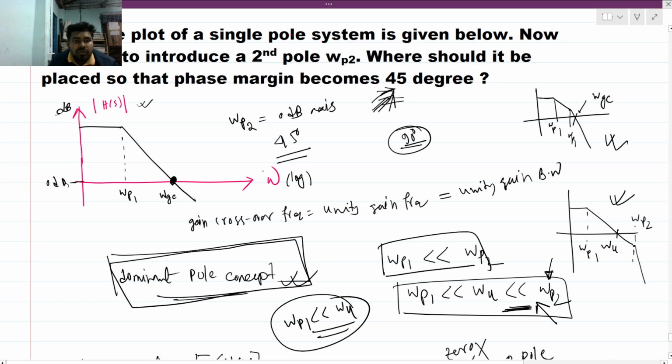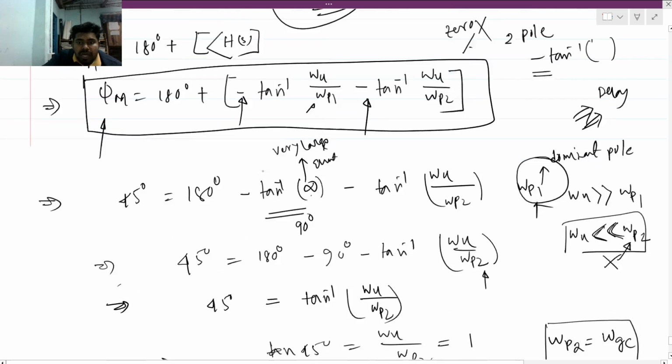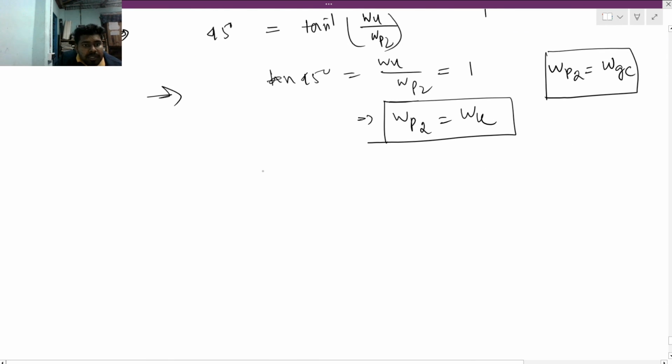So the picture will look like this. This is minus 20 dB per decade, and this will be minus 40 dB per decade. As I said previously, we cannot take that earlier condition; we can take only this condition. So what will the Bode plot look like?